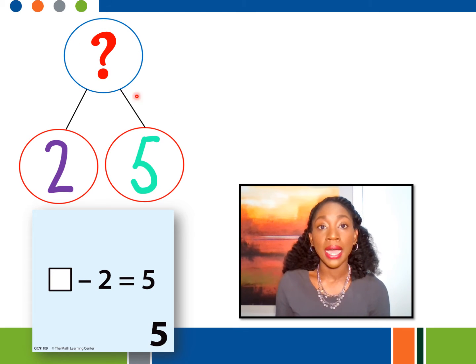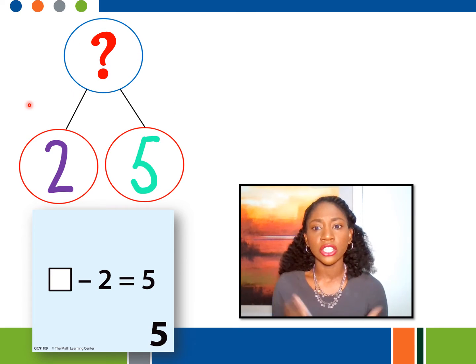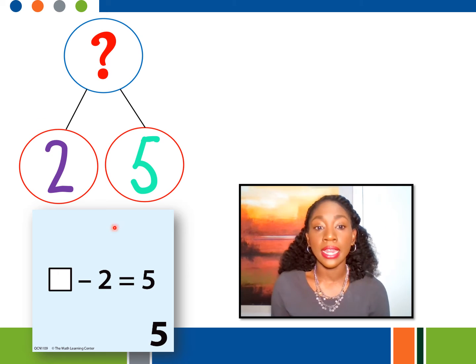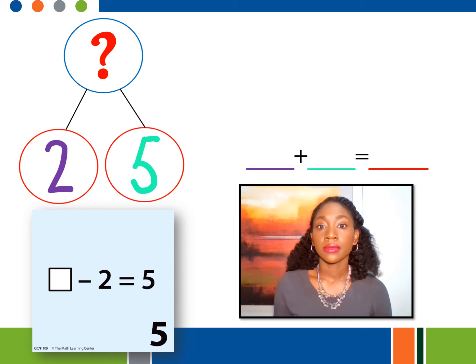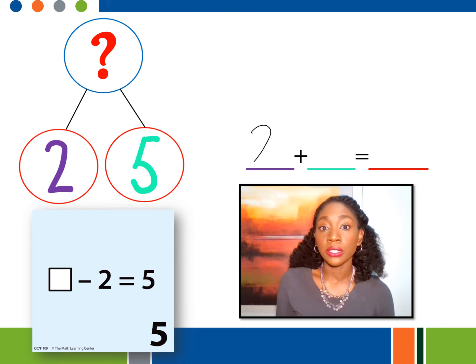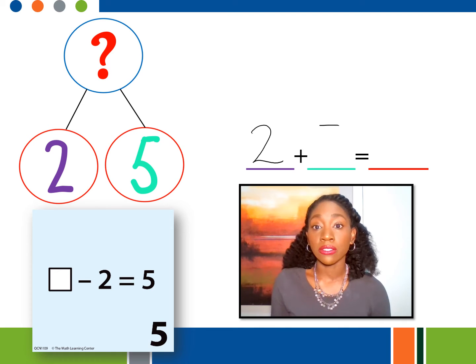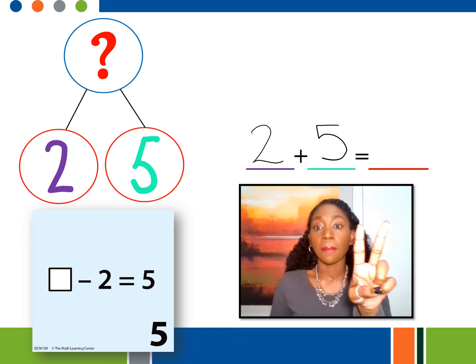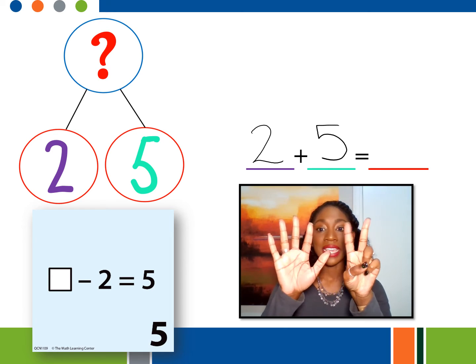That would be my whole. How many did she start with? Let's go ahead and write an equation to match. We see the first part is 2 pencils that she gave away and 5 pencils that she has now. And we know 2 plus 5 makes 7.